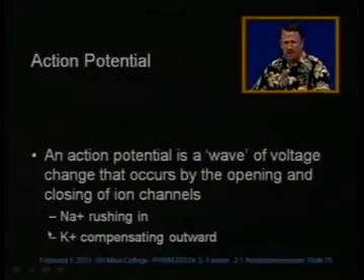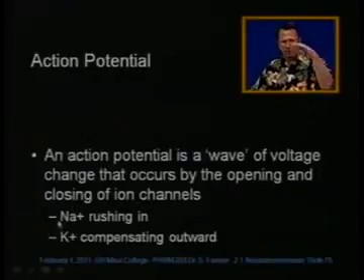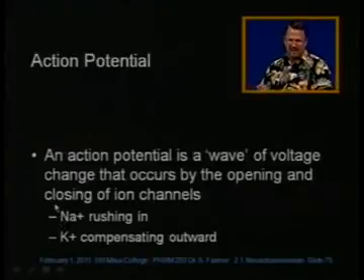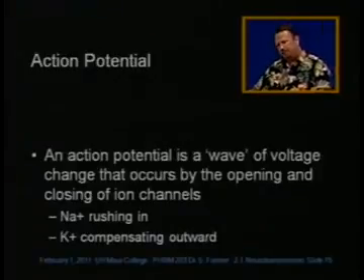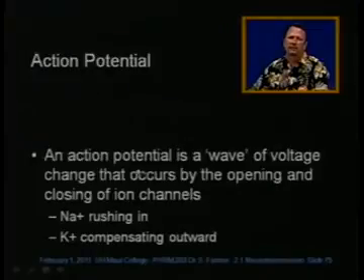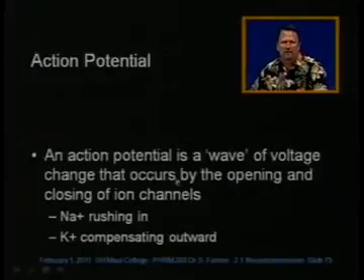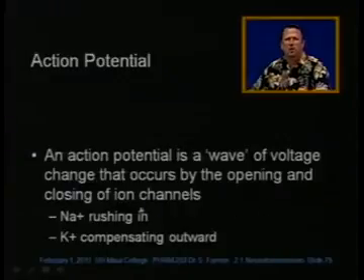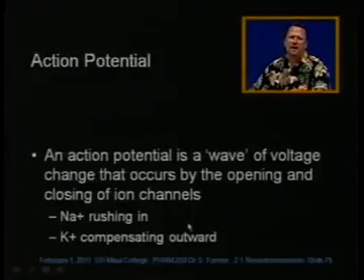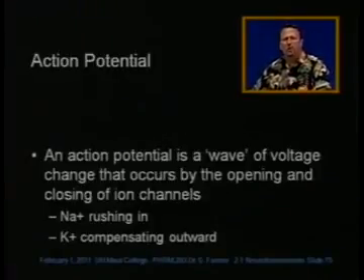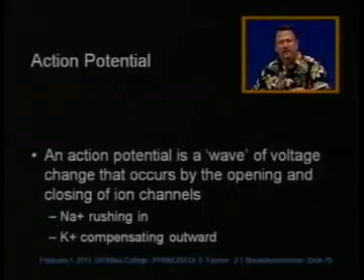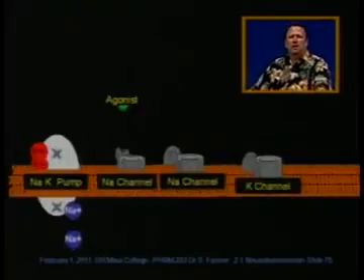And we can characterize that wave as sodium rushing in, and then potassium compensates by rushing back out of the cell. And so as we go through all this, if it gets too complicated, if you can remember this slide right here: an action potential is a wave of voltage change that occurs by opening and closing the ion channels. An action potential is just sodium ions rushing in and the potassium ions rushing out to repolarize, to reset the membrane.